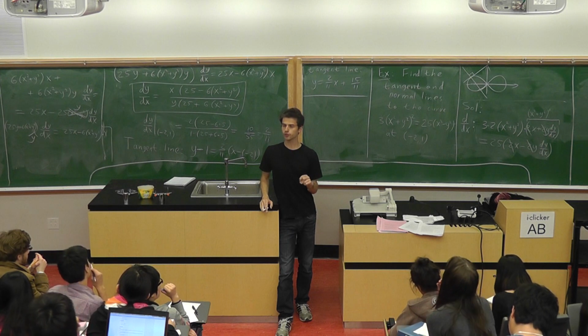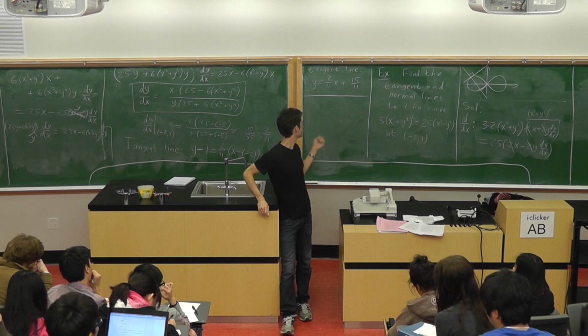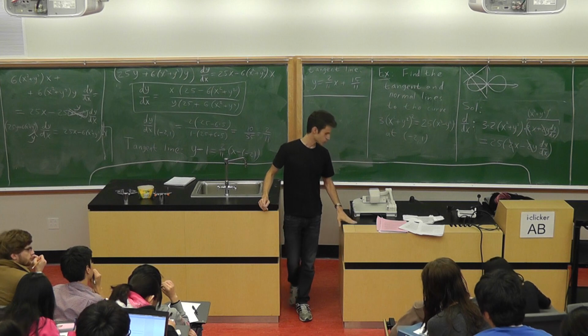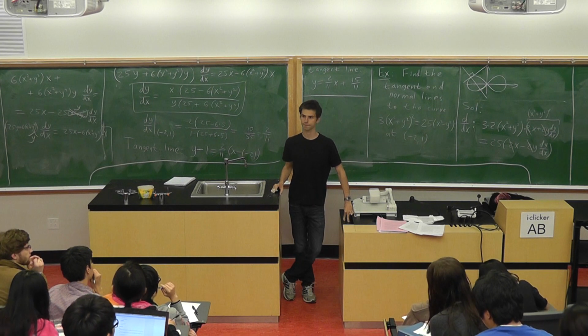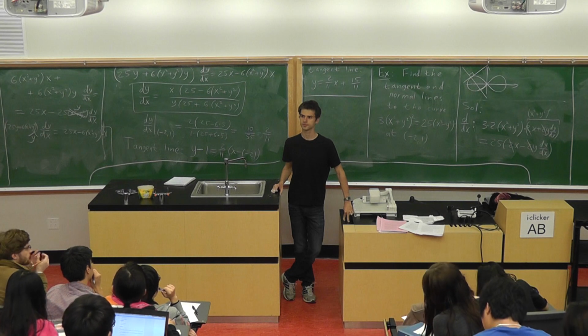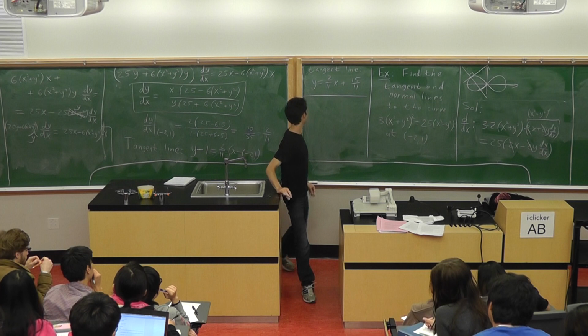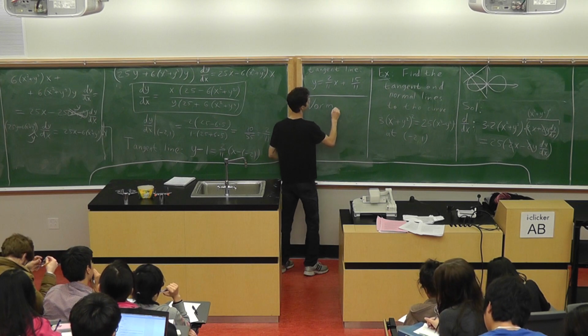Next part, I want to find the normal line, the line which is orthogonal, which is perpendicular to this line. So what should I do? Yes, take the inverse and set it to the negative slope. So the first thing, for the normal line, I'll find the slope.